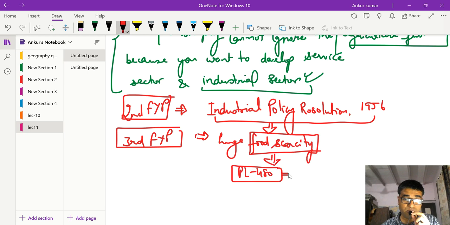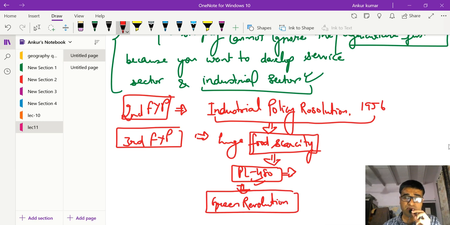We had to literally go to the US begging for wheat under the PL 480 scheme. So this was the background of what results from ignoring the agriculture sector, and it was in this backdrop that we launched the Green Revolution program.